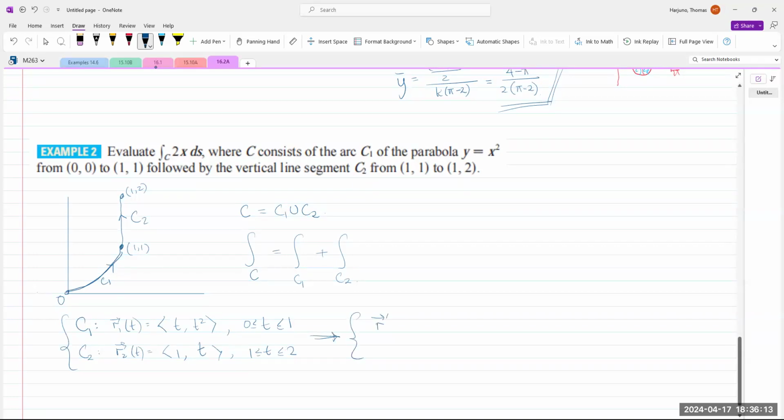R1 prime of t is (1, 2t), whose magnitude is the square root of 1 plus 4t squared, while R2 prime of t is (0, 1), therefore the magnitude is simply 1.